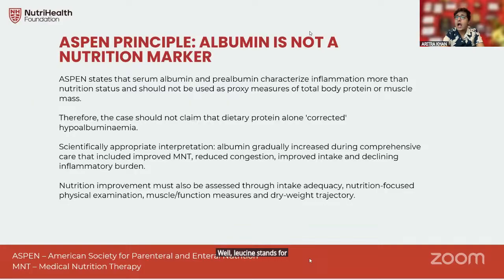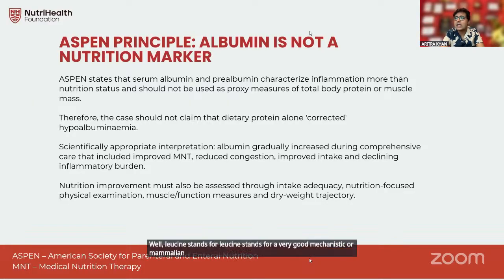Leucine stands for a very good mechanistic or mammalian target of rapamycin, the mTOR pathway, where GATOR2, GATOR1, and Sestrin2 are very much interconnected with each other, where muscle sensitivity is much higher.